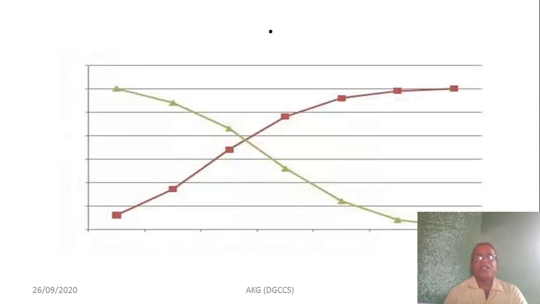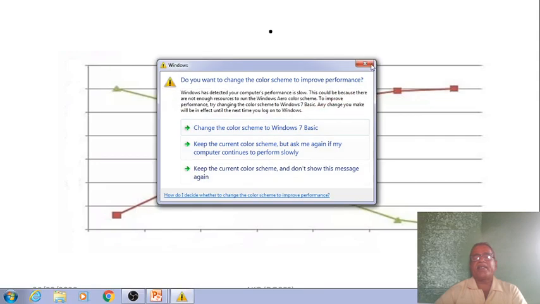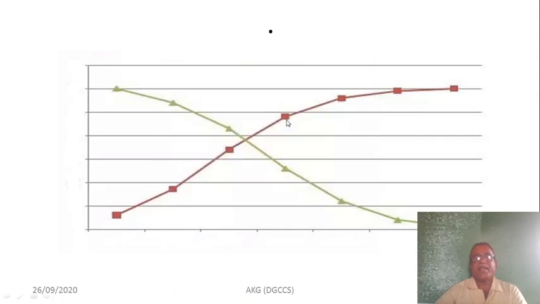Here see the red line curve, this red color curve is the less than ogive curve. That means this is just the nature, how it looks like, of the less than ogive curve and greater than ogive curve. So the red color curve is the less than ogive curve and the green color curve is the greater than ogive curve.